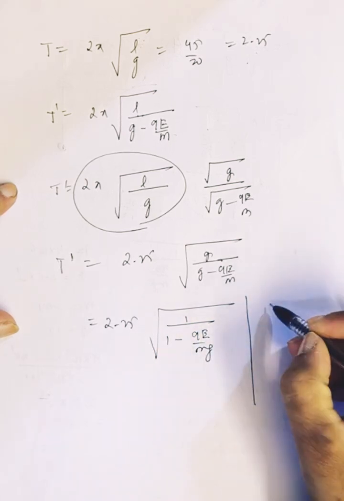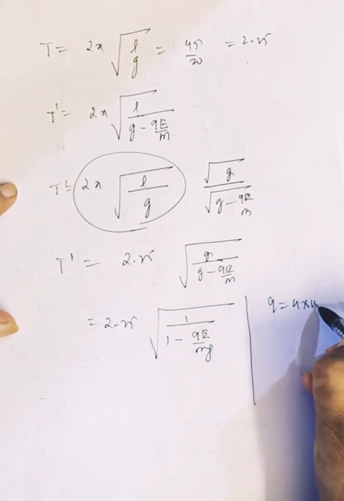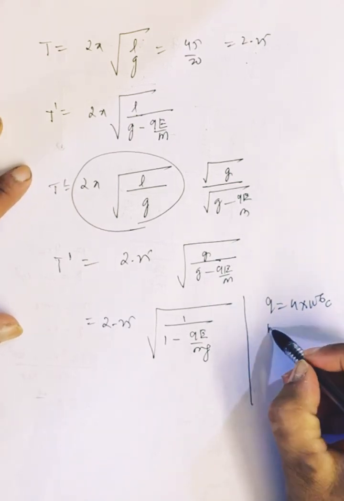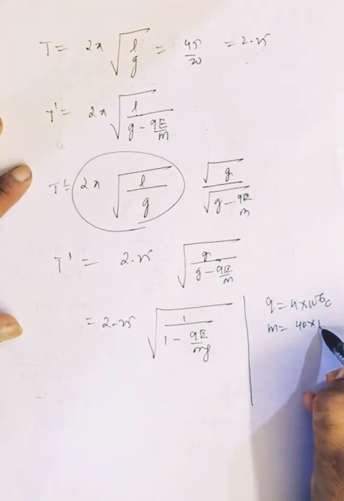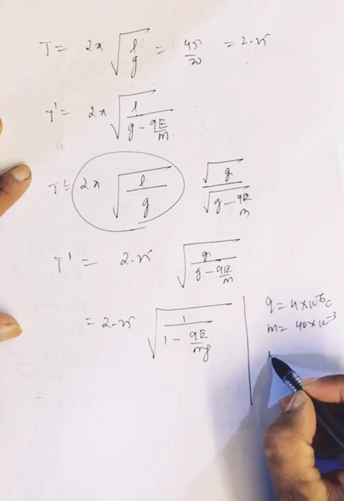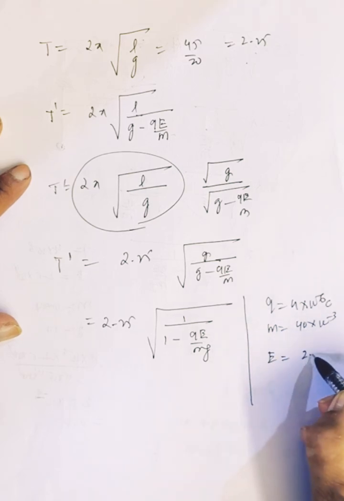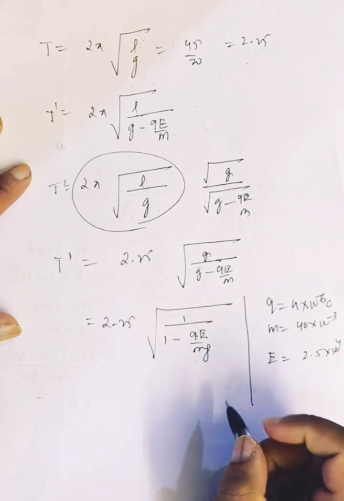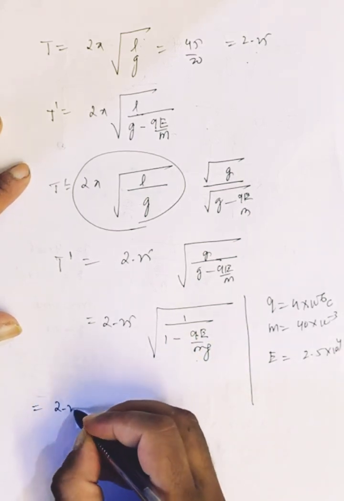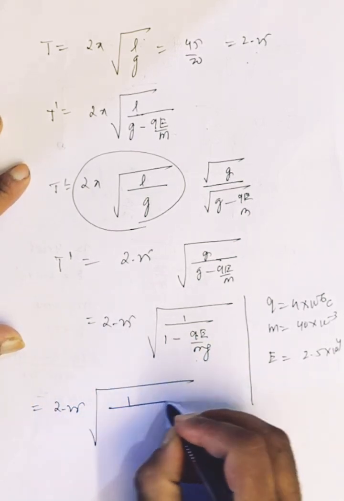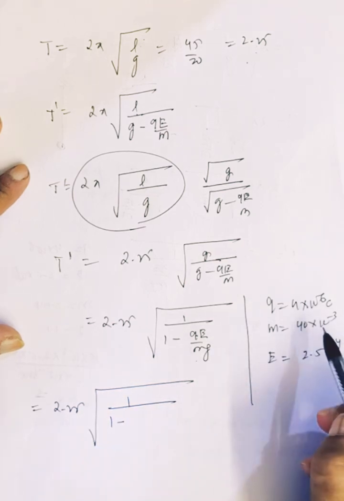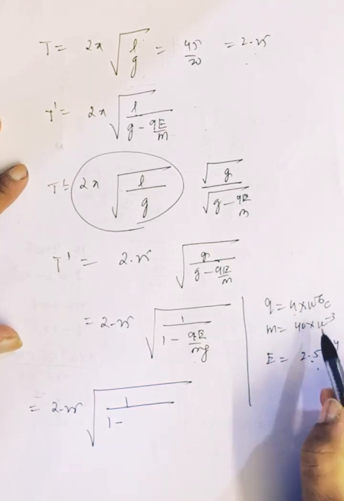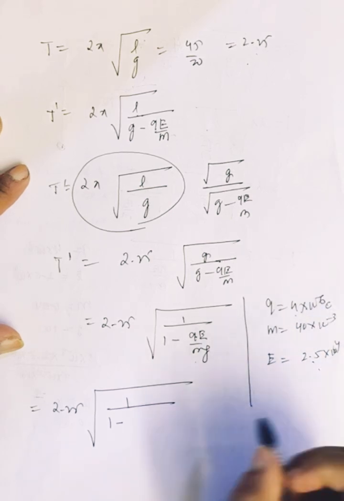Now what are the values given to us? The charge is given to us as 4 microcoulomb. You can verify from the question. And mass is given to us as 40 grams, that is 40 into 10 power minus 3. And the electric field is given as 2.5 into 10 power 4. So charge is known, mass and everything is known. So let's calculate: 2.25 into 1 upon 1 minus qE by mg. What is charge? That is 4. What is electric field? That is 2.5. So 2.5 into 4 is 10, and 10 into 10 power minus 2. Can you see that?